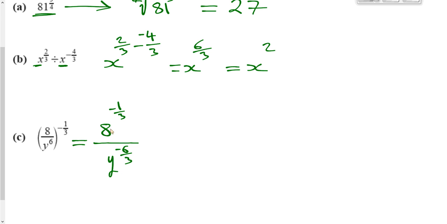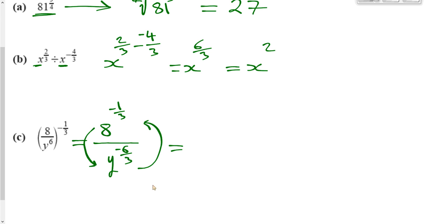Now, when we have negative exponents, we can make those exponents positive by taking the reciprocal. And what I mean by taking the reciprocal is flipping them onto the other side of our fraction here. So we're going to take this one and move it there, and we're going to take this one here and move it there.